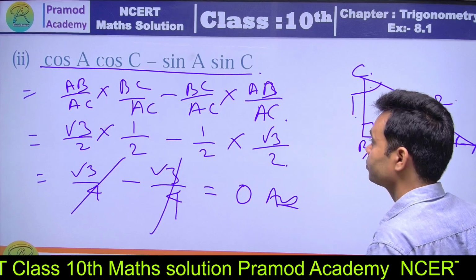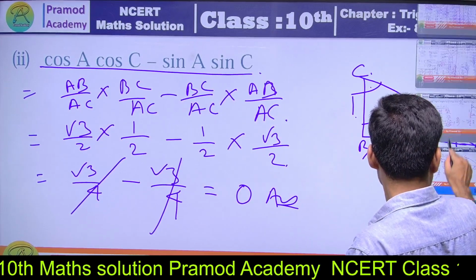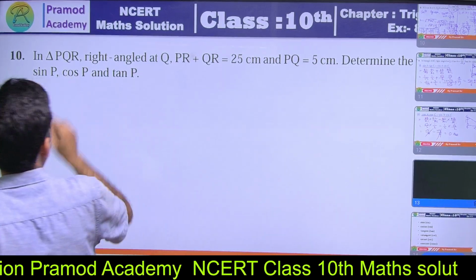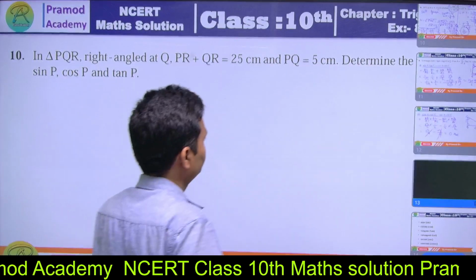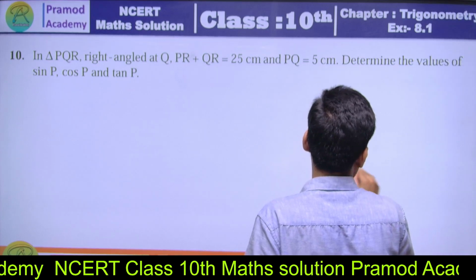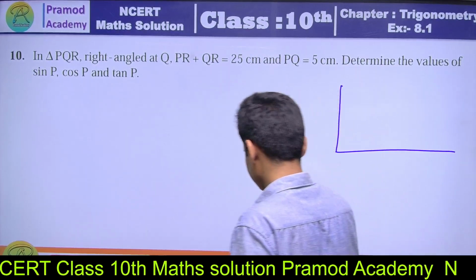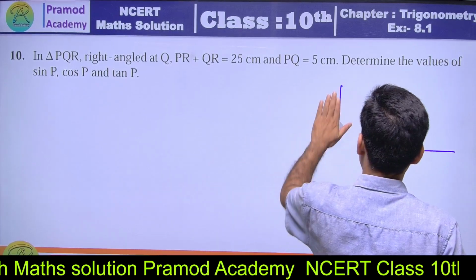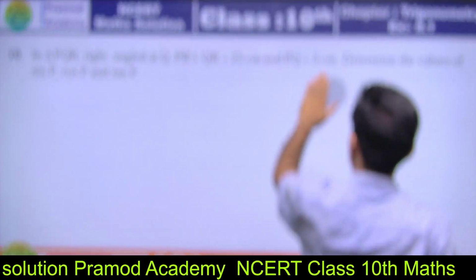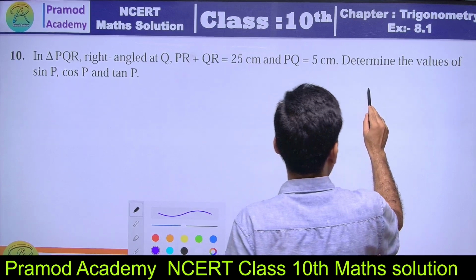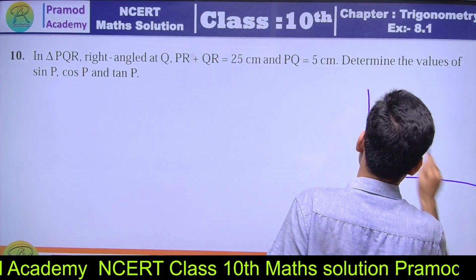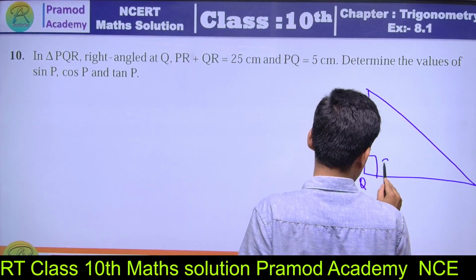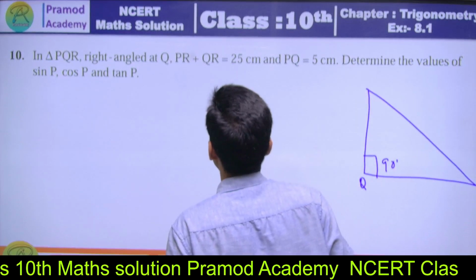Next, question number 10. In triangle PQR, a right angle triangle at Q, angle Q is 90 degrees.